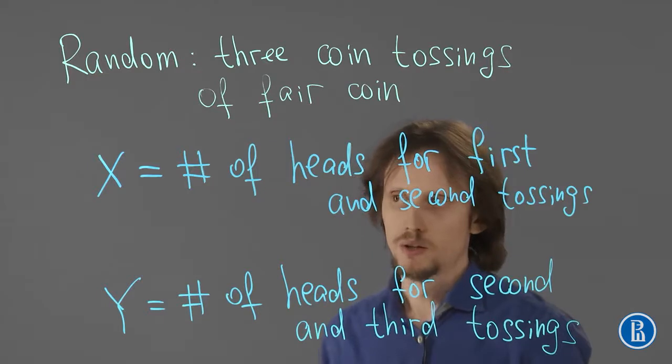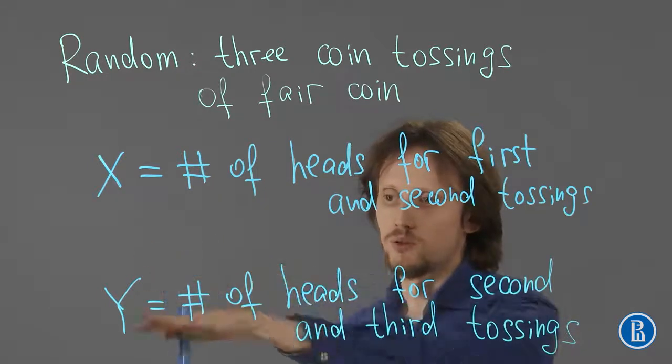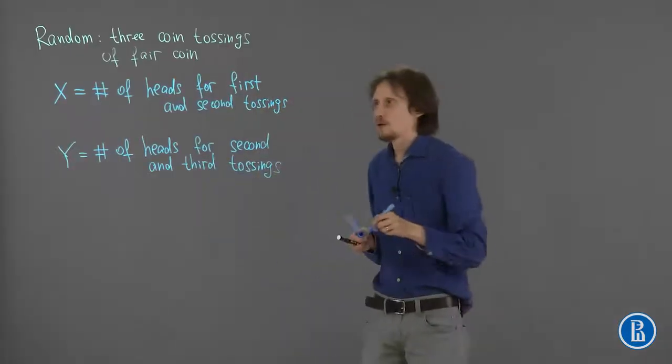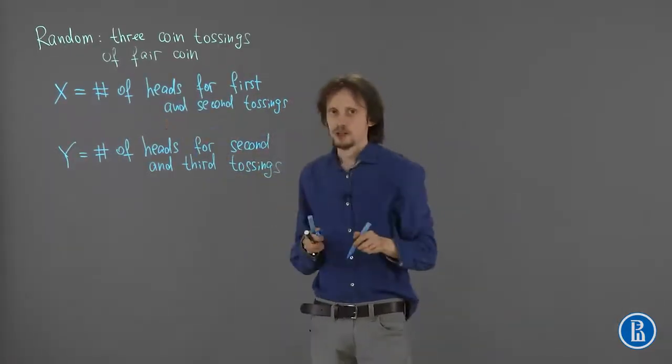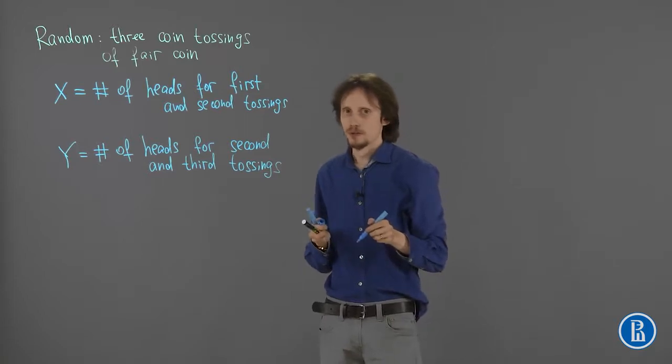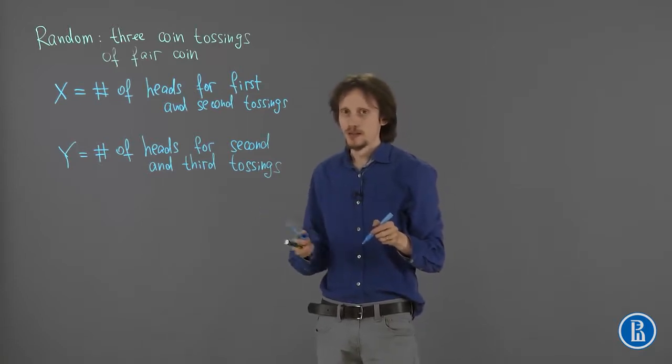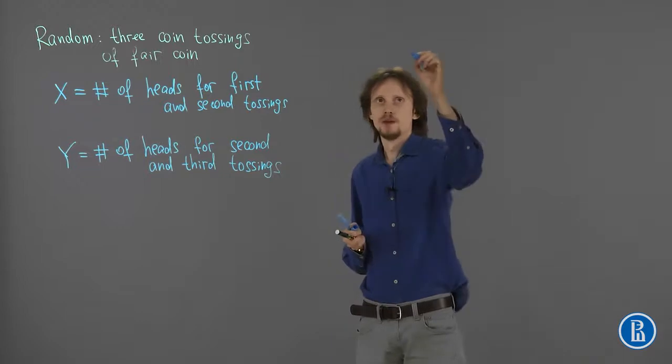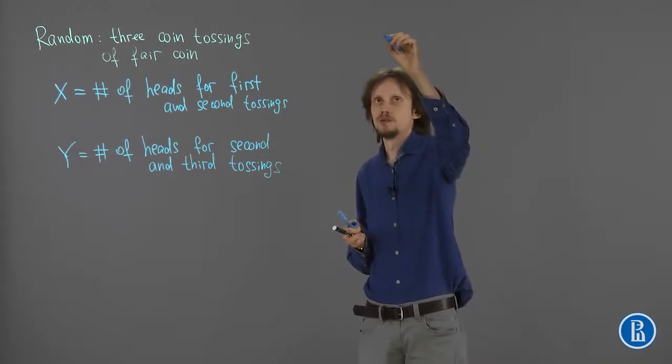To answer this question, let us construct a joint distribution of these 2 random variables. We know that variable x can take 3 possible values, 0, 1, 2, and the same is true for variable y. So let us draw a table for x and y.